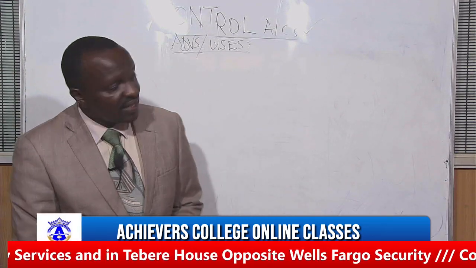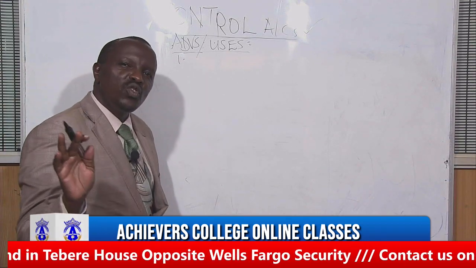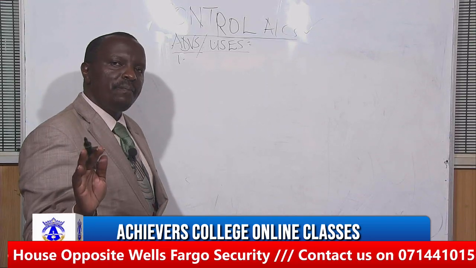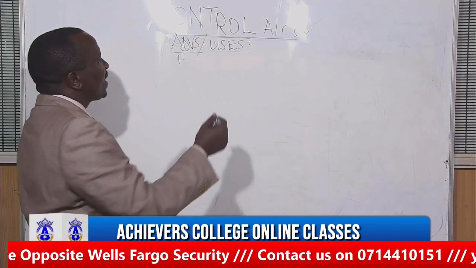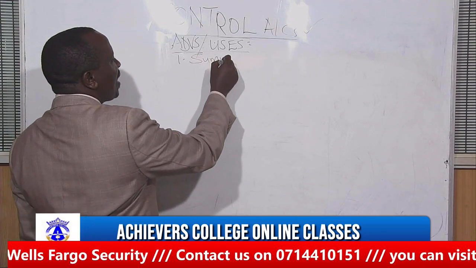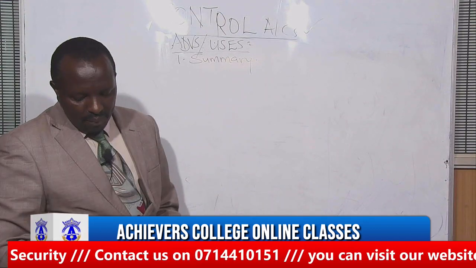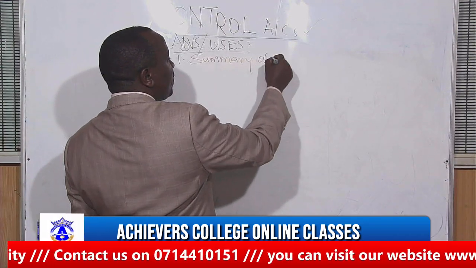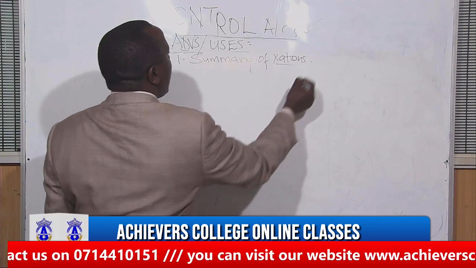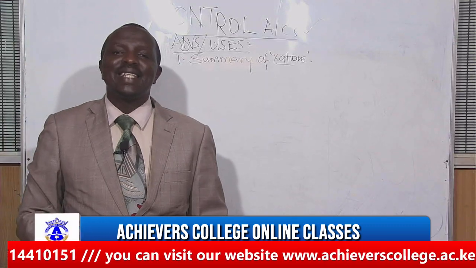Advantage number 1 is that control accounts use totals to draw them, and therefore control accounts will summarize transactions. It gives you the summary of transactions. That is one of the reasons why we have control accounts, to summarize transactions.